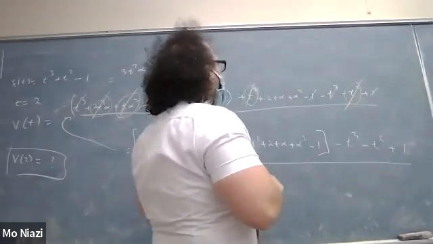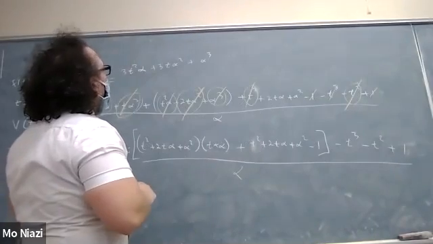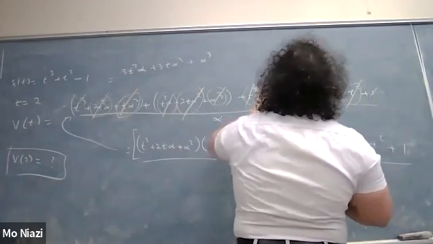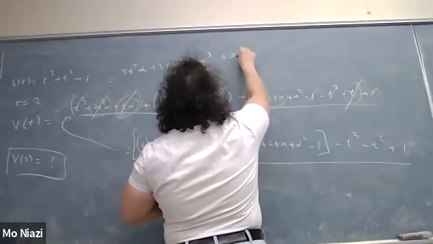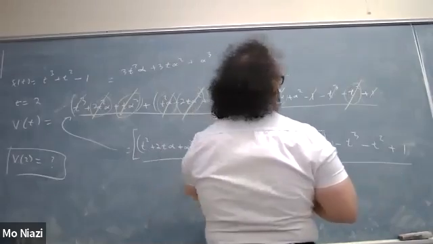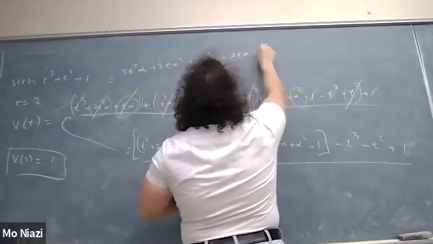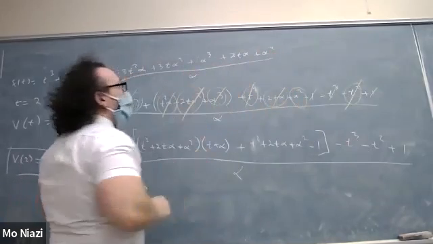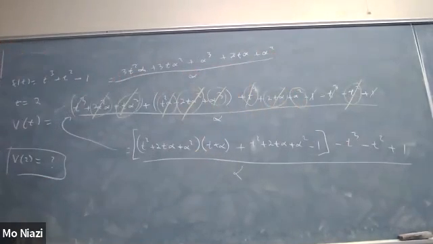What about our 2t alpha? That's the only lonely t alpha term, so plus 2t alpha. And alpha squared, it's just a lone one, everything divided by alpha. Okay, it's rearranging and combining.